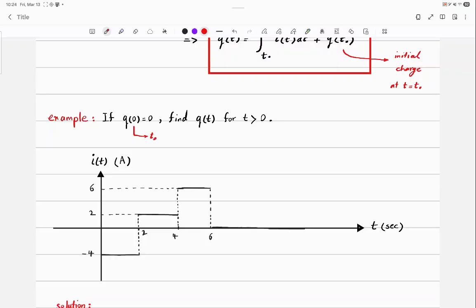Now, can someone tell me what is VB? Why 2? Perfect. This is one of the most common mistakes in this course. Students see the positive terminal, whatever value that is, and say VB is equal to 2.